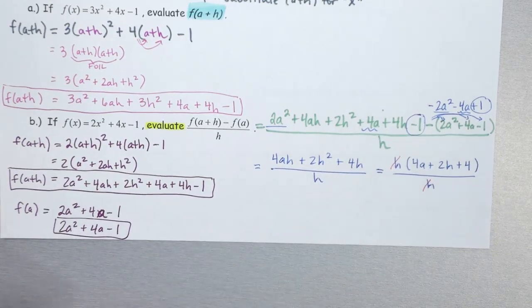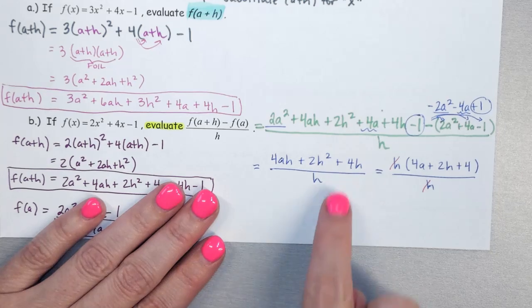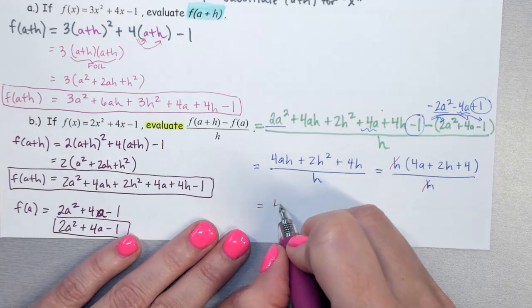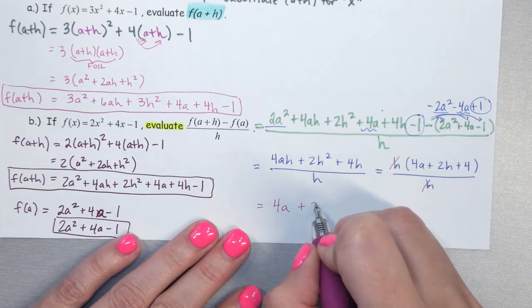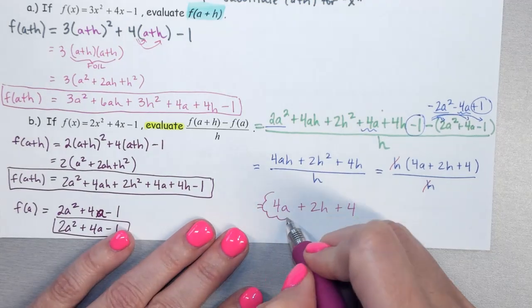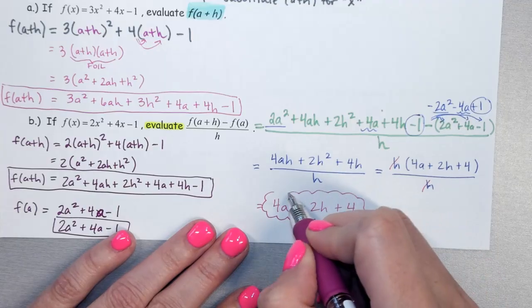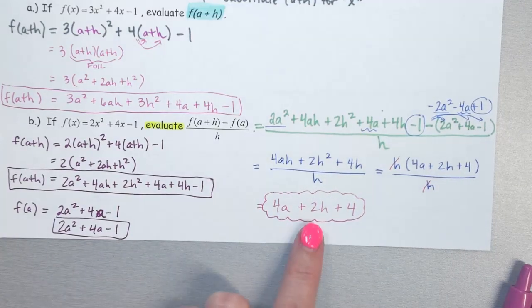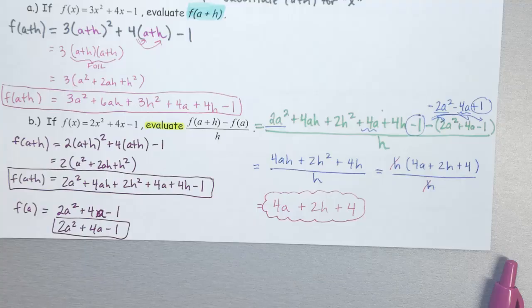And then like I said, you can also just divide everything by h and go straight here to 4a plus 2h plus 4. But this is going to be your final answer. You do not need to factor out the GCF because we're not leaving this in factored form. You only have to worry about the GCF if you're trying to write something in factored form. Okay?